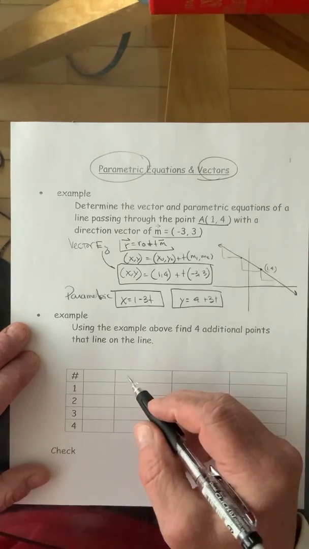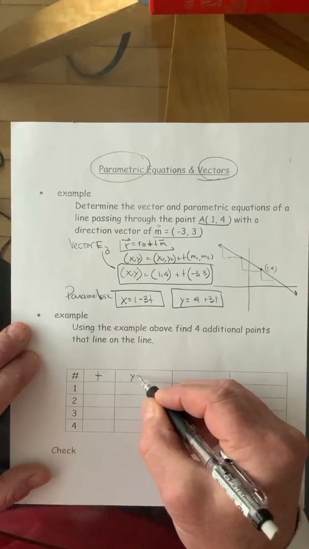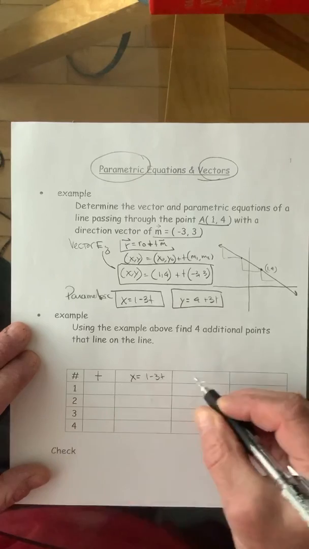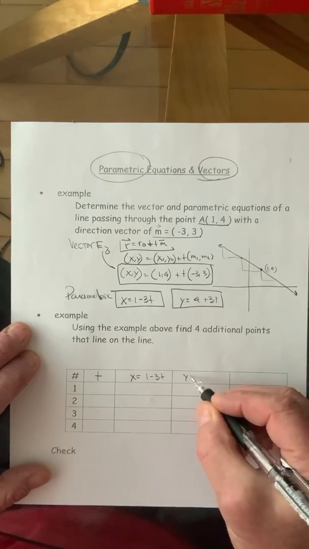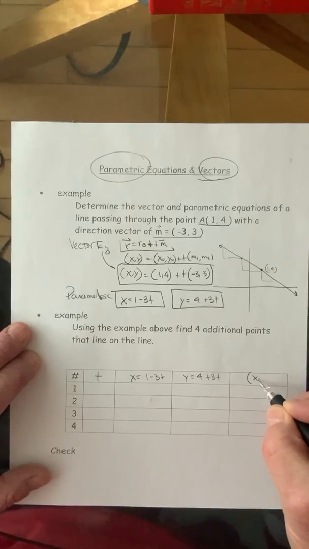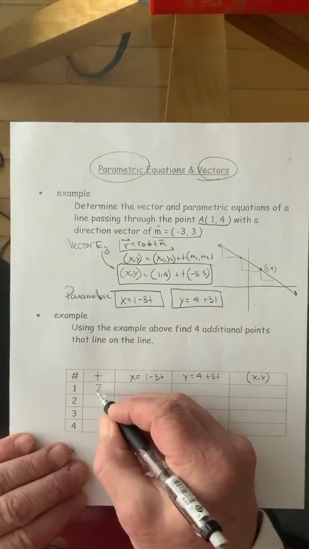So let's make up some headings, t, and the two vector parametric equations. And here would be the points that we do get. I arbitrarily picked 2.